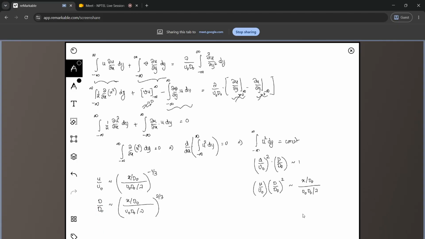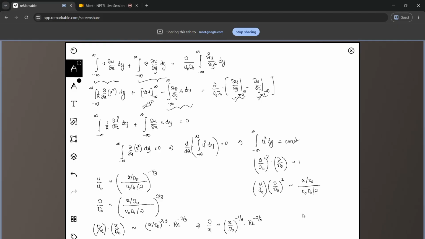From this you can also get the scaling for d by x, with Reynolds number to the power minus 2 by 3. So you can write the scaling for d by x as x by d naught to the power minus 1 by 3 times Reynolds number to the power minus 2 by 3.